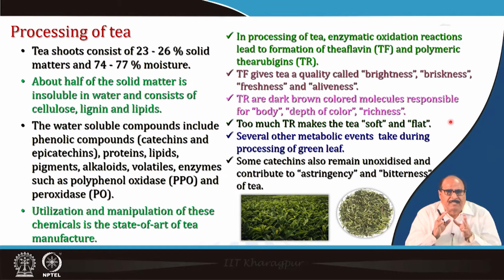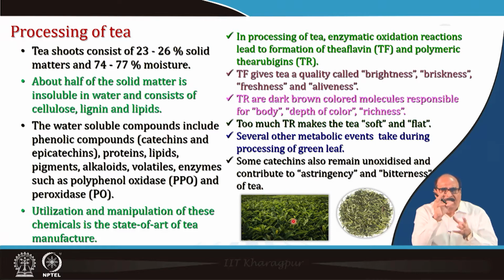Let us discuss processing of tea. You know that these green tea shoots consist of about 23 to 26% solids and about 74 to 77% moisture.